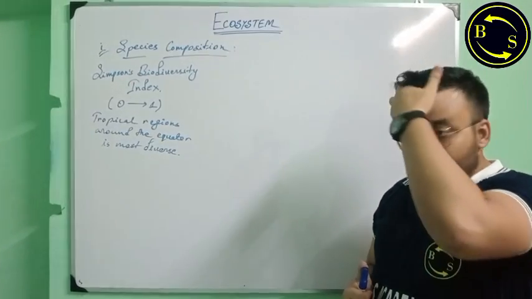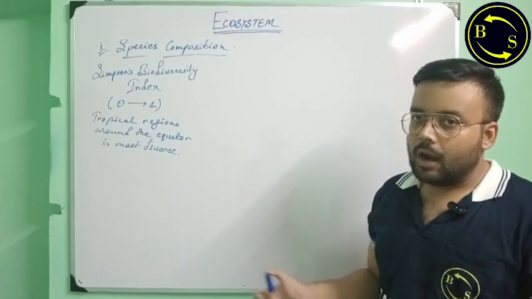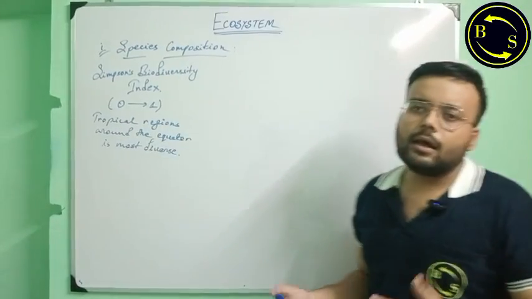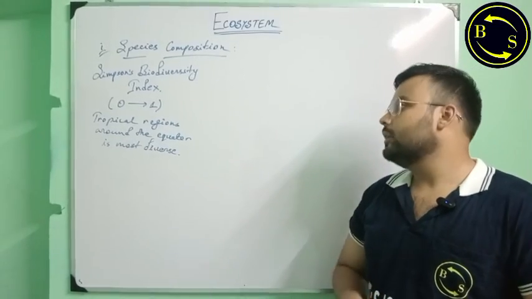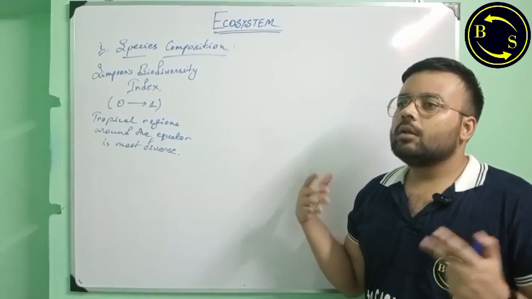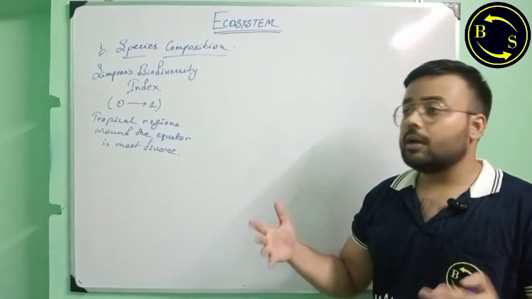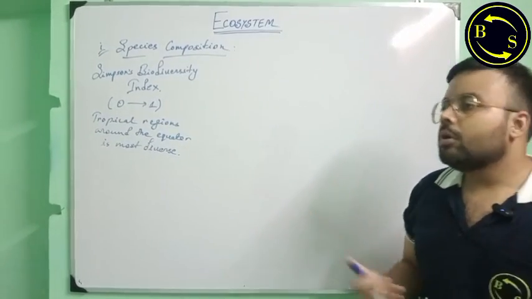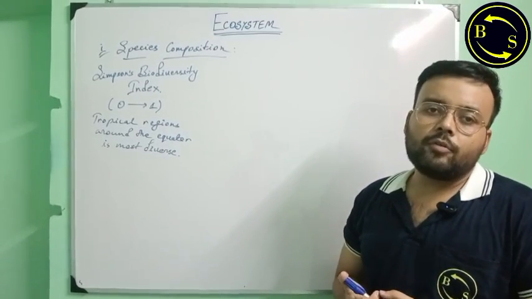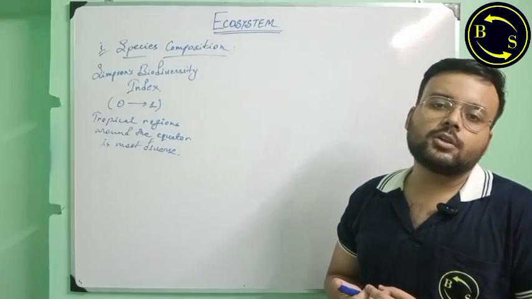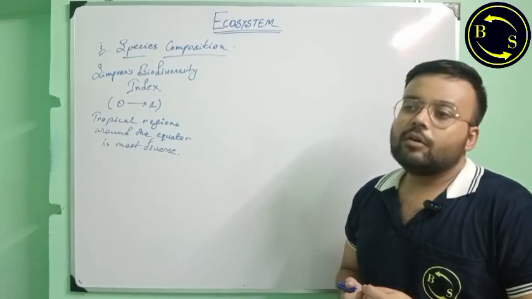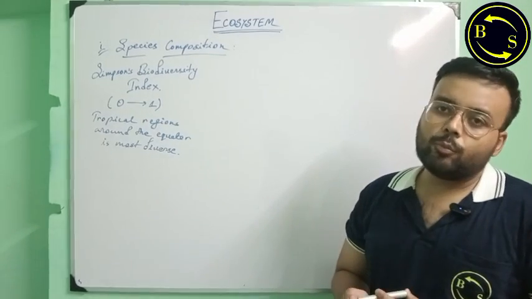So, most of the photoautotrophs, that is the plants, the algae, they are all restricted, most of them, in the tropical region. And since the greater the plant diversity, the greater the animal diversity, because more diverse the plant population is, there will be larger number of and more diverse populations of herbivores, and larger and diverse population of herbivores will attract carnivores and omnivores.